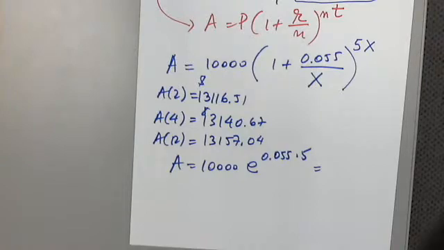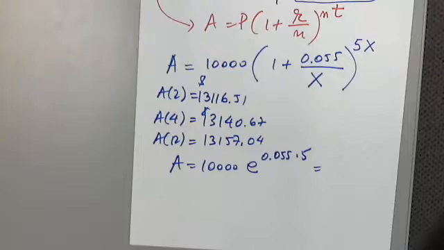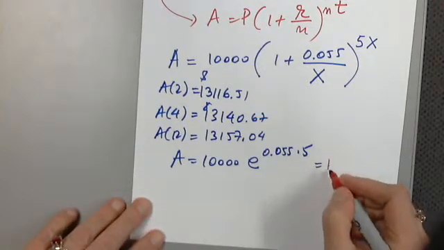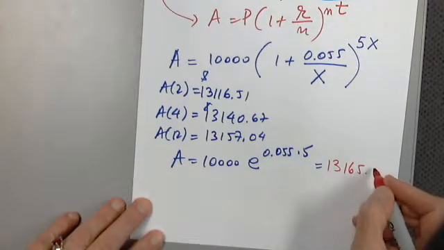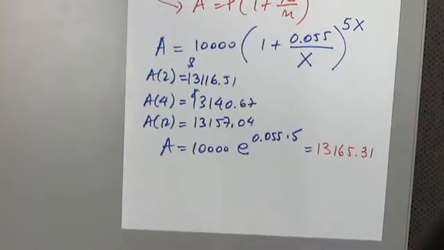And in parentheses, 0.055 times 5, and close the parenthesis. Are we okay? Perfect. So press enter now, and you will get 13165.31 for continuously compounded interest.